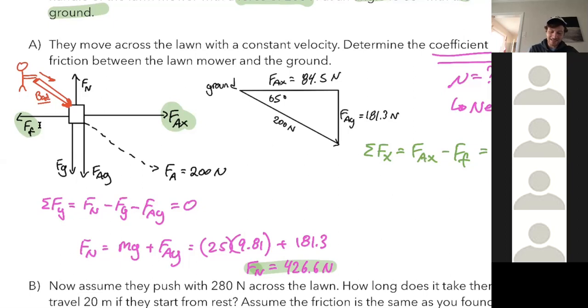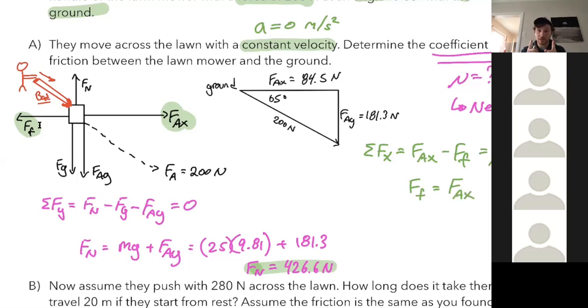Ding, ding, ding! Anytime you see a constant velocity, right away you should be thinking your acceleration is 0 meters per second squared, which means this whole thing cancels out. So really, our force of friction is just going to equal our applied force. That's all that's happening here.